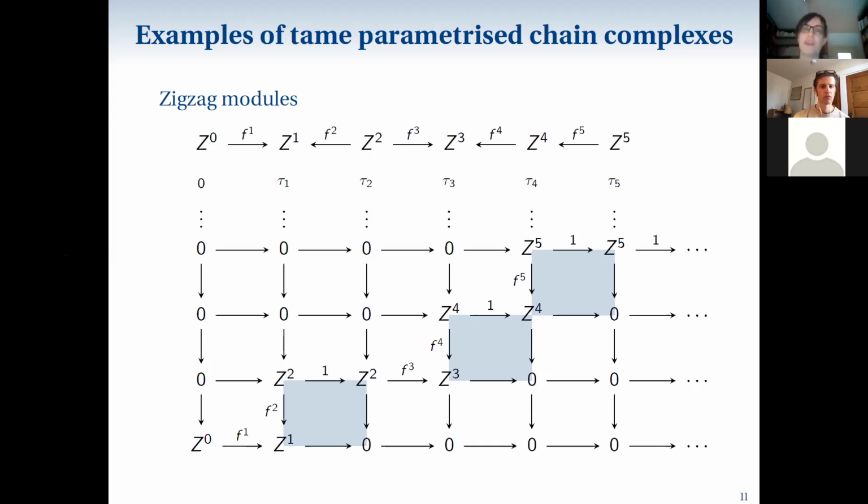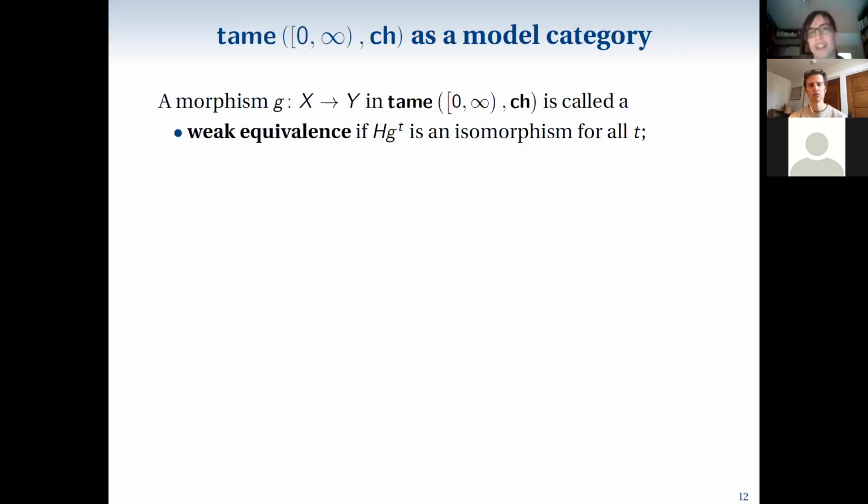Okay, then we are ready to define a model category over the tame parametrized chain complexes. So again, we need to choose some classes of morphisms. We start by saying that a morphism is a weak equivalence if it's pointwise a weak equivalence in CH.